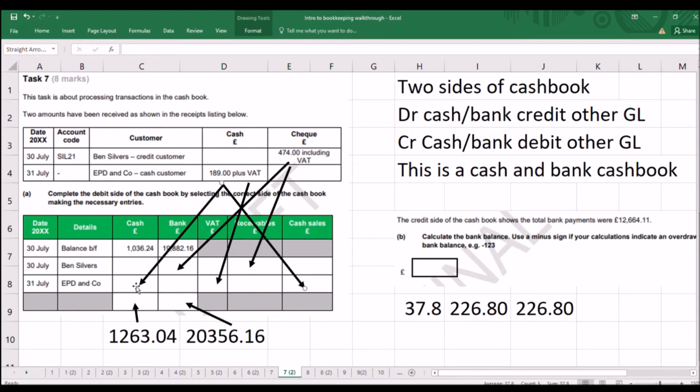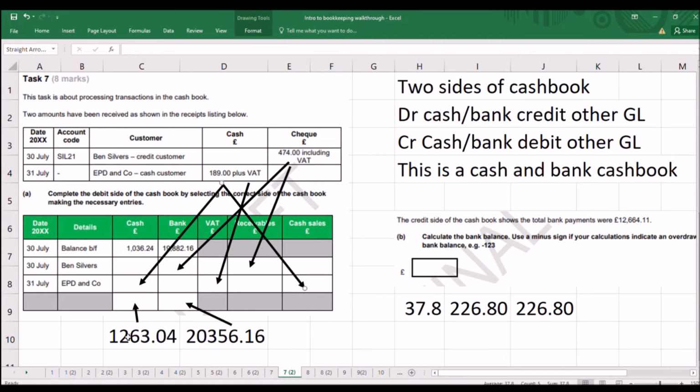So 226.80 there, £37.80 in the VAT, and then the cash sales 189 here for this cash sale here. The bank one was debit bank for 74 and credit trade receivables for 74.